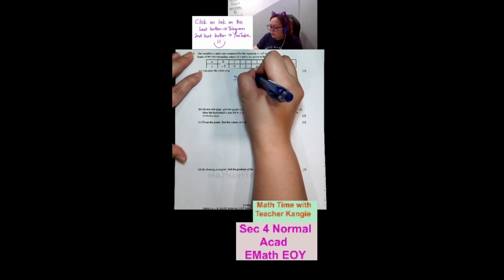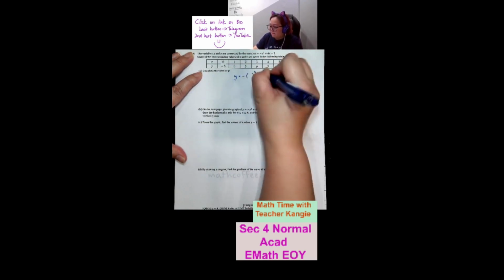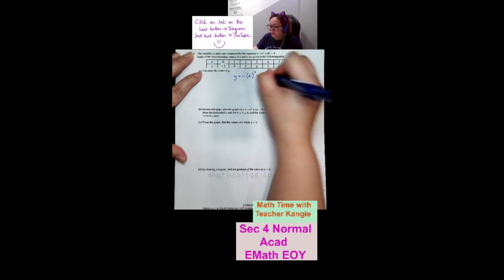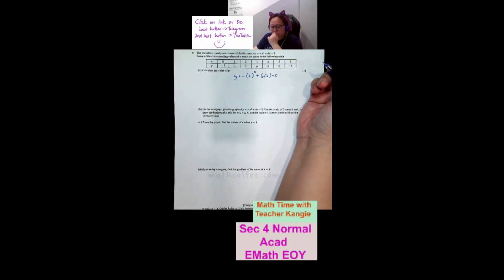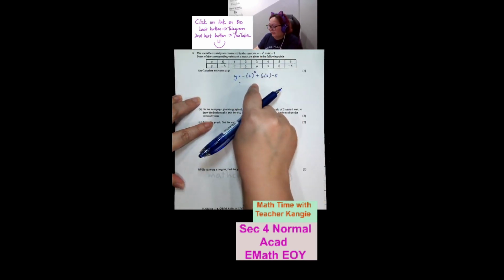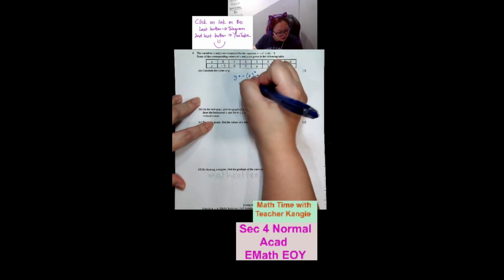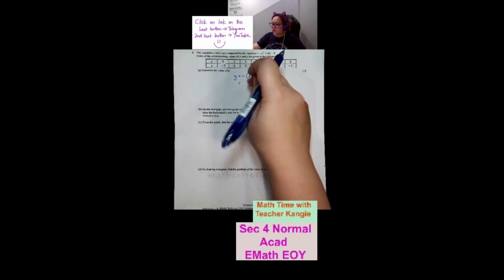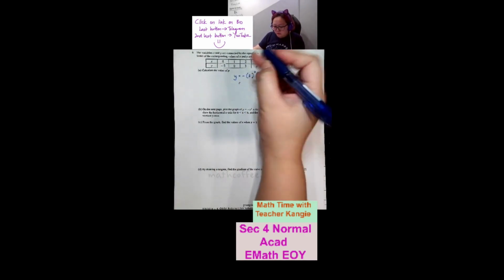So you need to put minus x squared plus 6x minus 5. Put the x here, which is 3 here and 3 here. This one, key in the calculator, make sure you put the brackets, and you will get a positive 4.